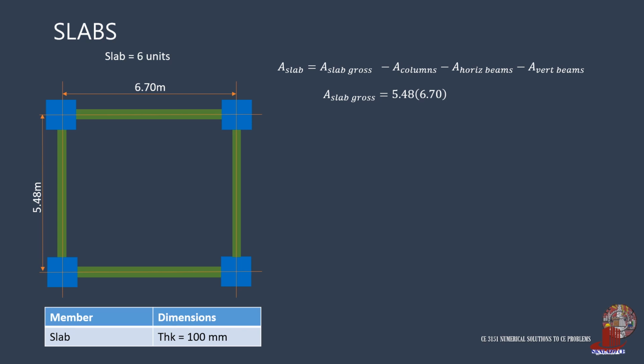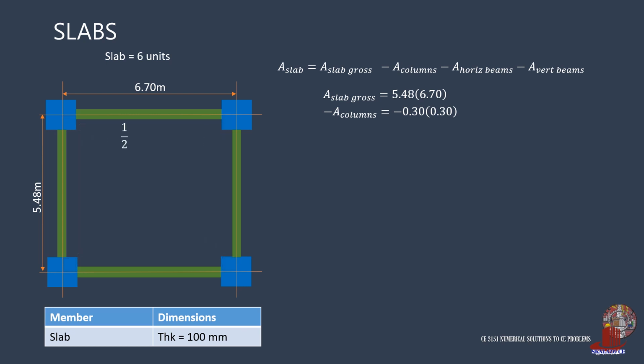This area is deducted by the area of the columns, where, checking on the overlapping parts of the columns from the slab, there are 4 of a quarter of the 4 columns, which can be simplified as one whole column cross-sectional area. So the area of the column is just 0.3 times 0.3.